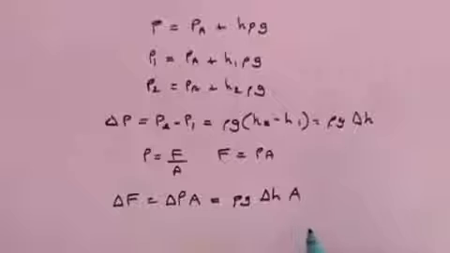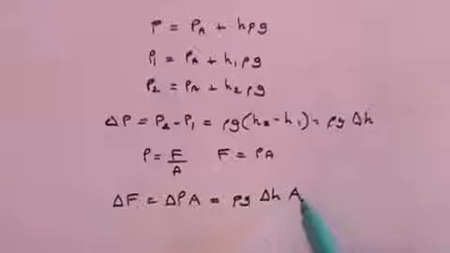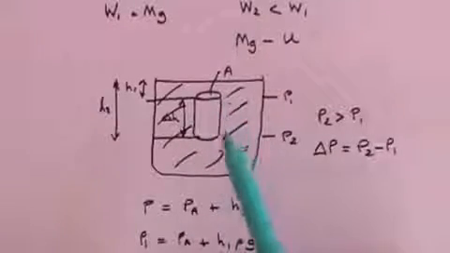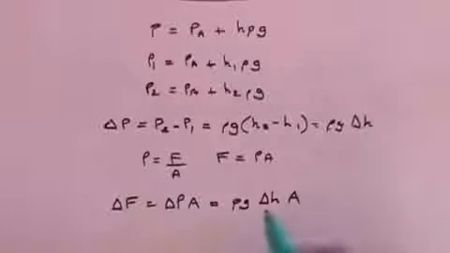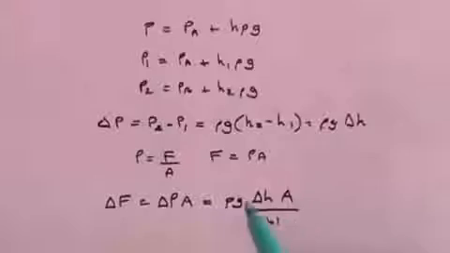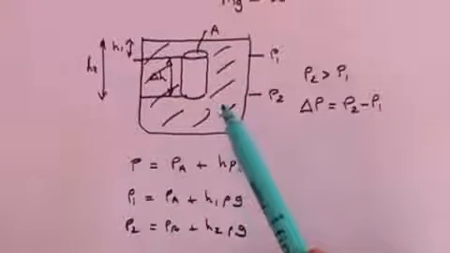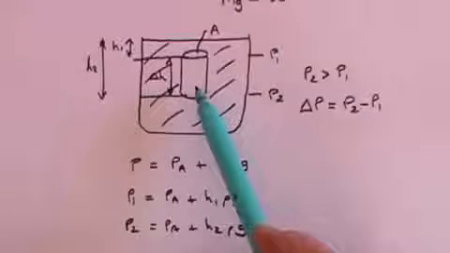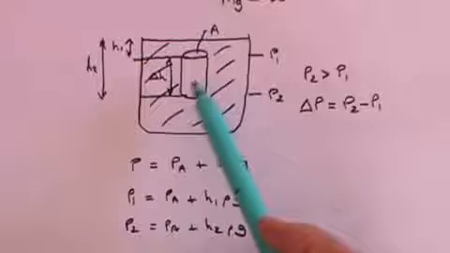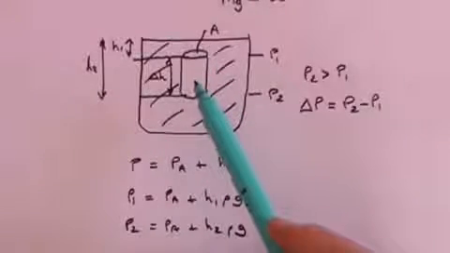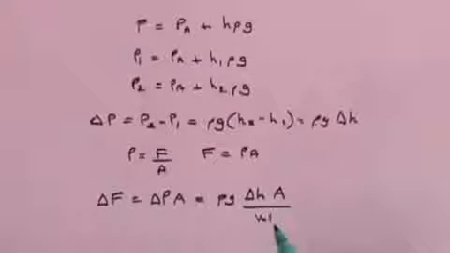But we can simplify this a little bit more, because we can look and say that A times delta H is the volume of this cylinder. So A delta H is the volume, and the volume times rho, remember this is the density of the water, gives you the equivalent mass of water that has been displaced by this cylinder here. When you put this cylinder in the fluid, the equivalent volume of fluid has to be displaced to make room for it. And that's that volume there.